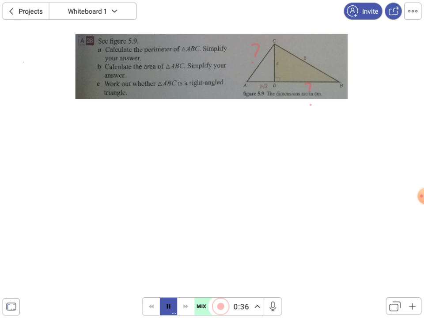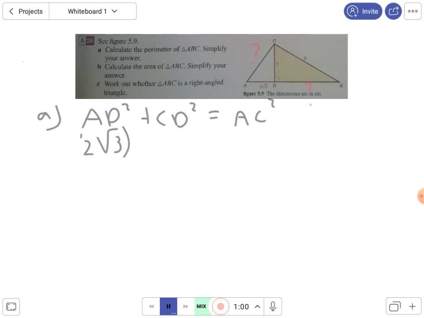In triangle ADC, you can say that AD squared plus CD squared is AC squared. AD is 2 square root 3 and CD is 4, so you get this.